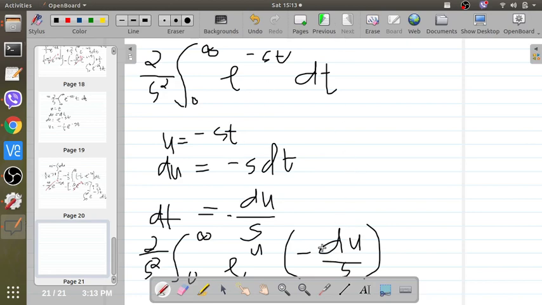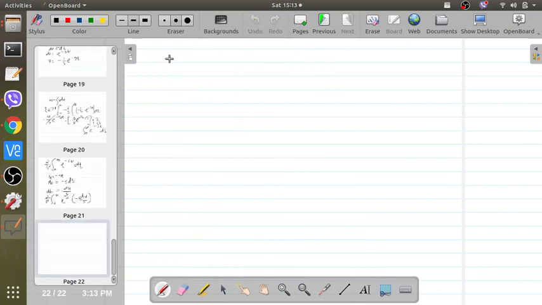Since the constant negative 1 over s can be taken out directly, it becomes negative 2 over s squared multiplied by 1 over s, which is negative 2 over s cubed, times the integral from 0 to infinity of e^u du.